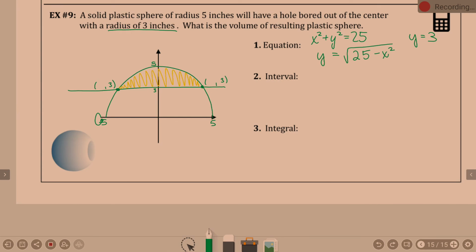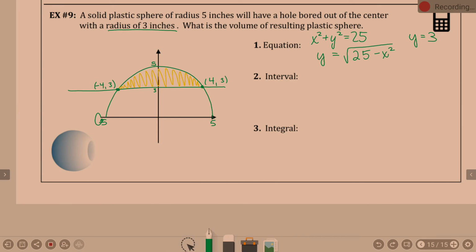Should be 4. Because here's what my brain says: 25 minus 4 squared. So 25 minus 16 is 9. Square root of 9 is 3. Right? So these intersection points are going to be at 4, 3, and at negative 4, 3.